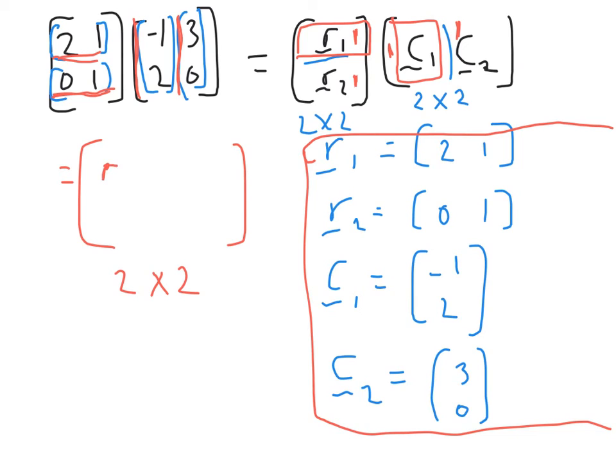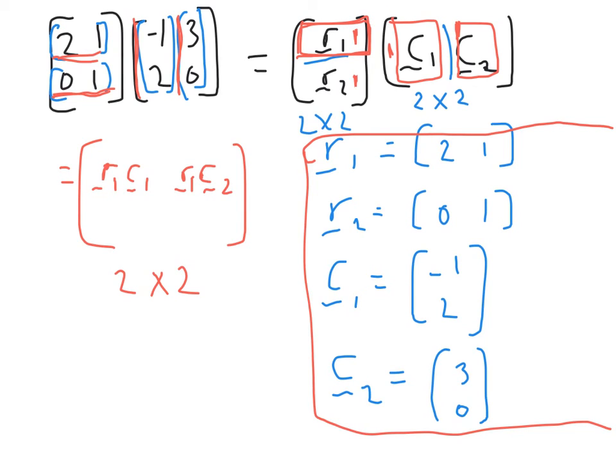So in here we can write R1 times C1. So for our second element, which is the first row and the second column, we take our row vector and our second column vector. So we have R1 times C2.